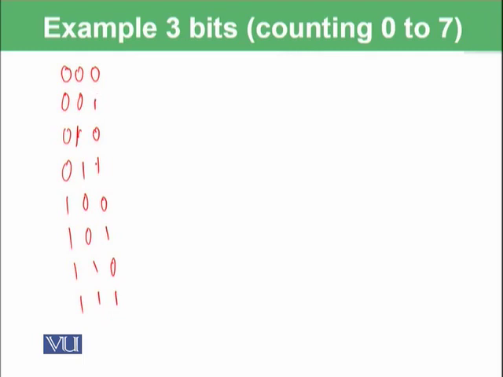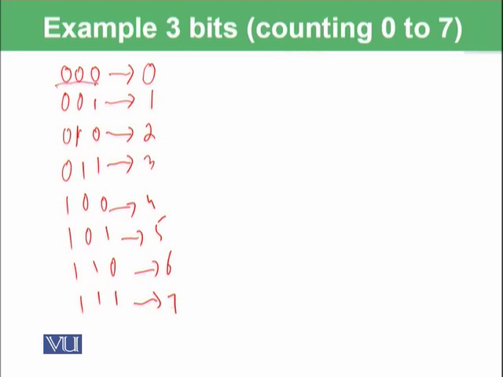That is 1, 2, 3, 4, 5, 6, 7, 8. If we say this represents 0, this represents 1, this 2, this 3, 4, 5, 6, and 7, this means with only 3 bits we are able to store numbers from 0 to 7.